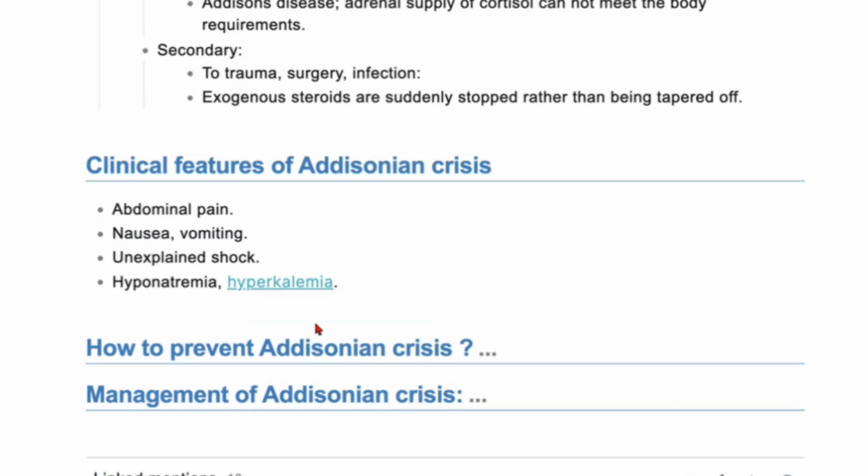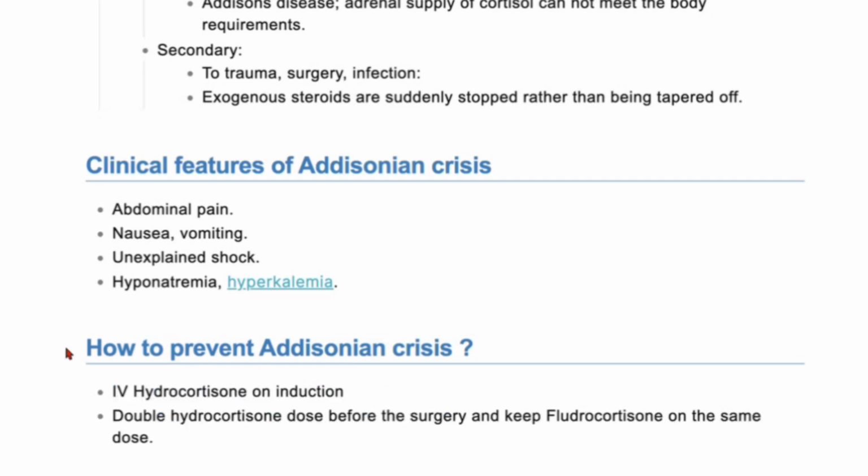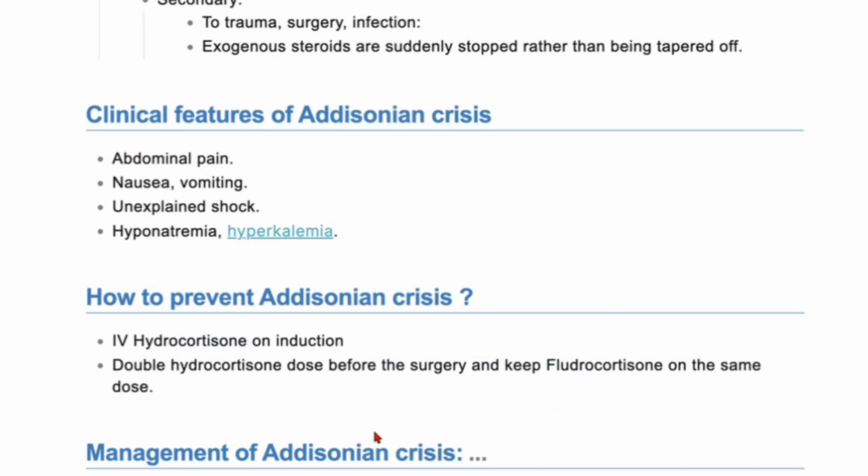We prevent it by counselling the patient to not stop their steroids acutely, carry a steroid card with them and notify doctors that they're on long-term steroids. And if they're unwell, double the dose. Preoperatively, the patient's steroids would be doubled if they're going to surgery, and oral will be converted to IV steroids. And what's the management of this crisis?